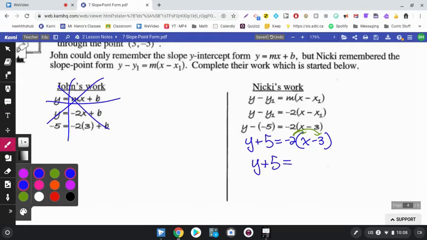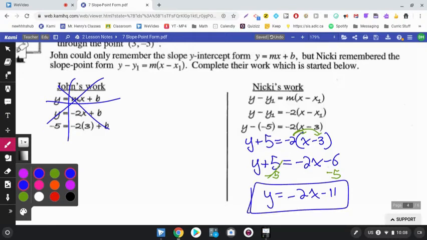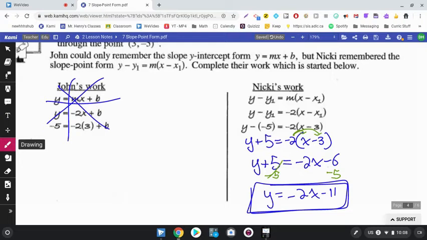Y plus 5 equals -2x minus 6. And rearrange, get rid of that 5. Y equals -2x minus 11. There you go. Same question we just did, just finishing someone else's work.